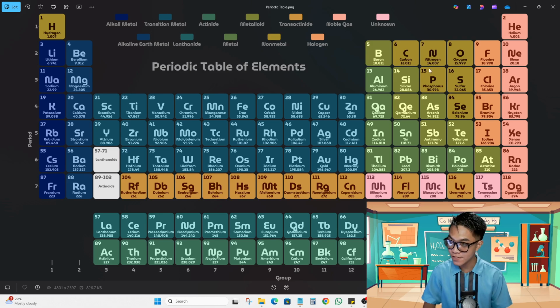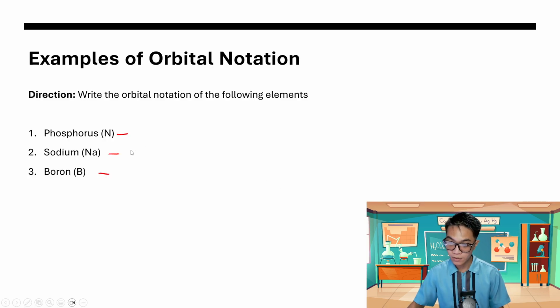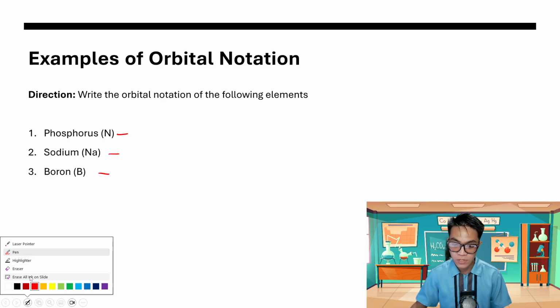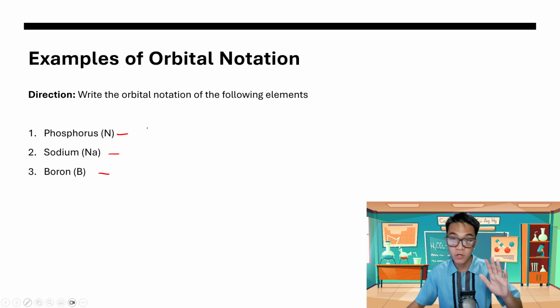Now for phosphorus, we have 15 electrons with the atomic number 15. For sodium, we have 11. And for boron, we have 5. Alright, so just to keep track of things, we always have to write it down so that we can always double check if we're doing the correct thing.